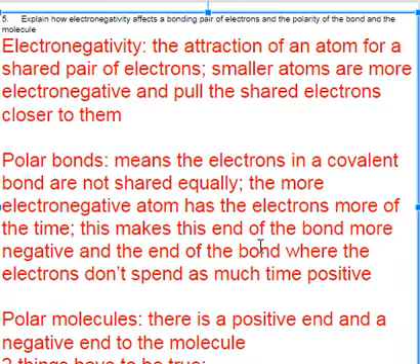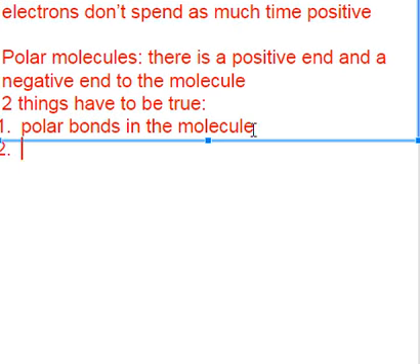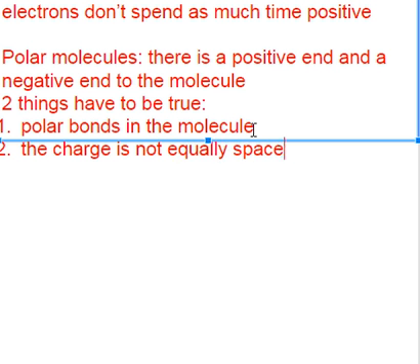And then the other thing that has to be true is that the charge is not equally spaced or spread around the center atom.